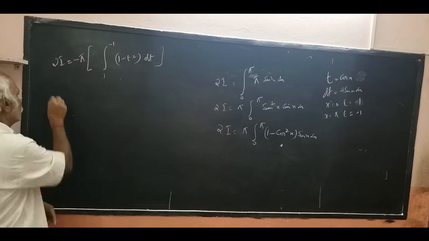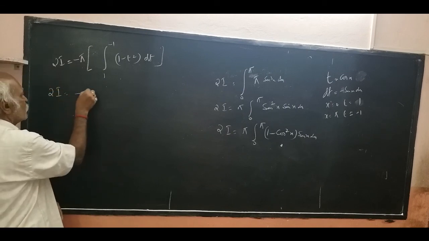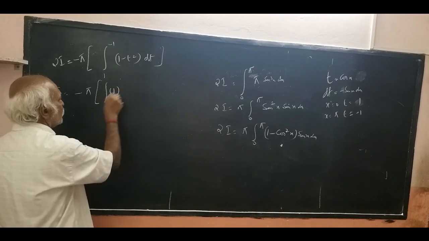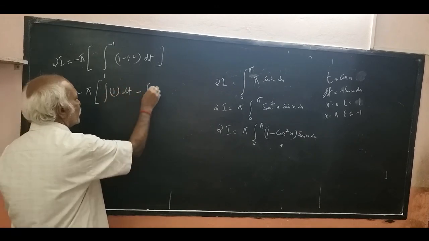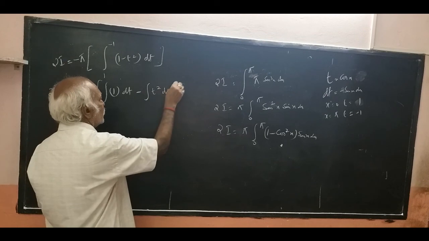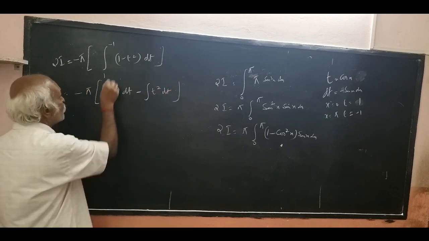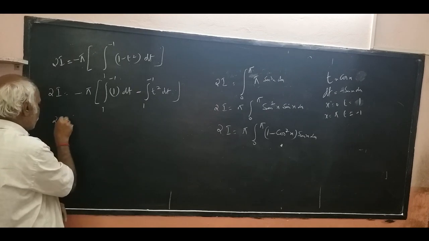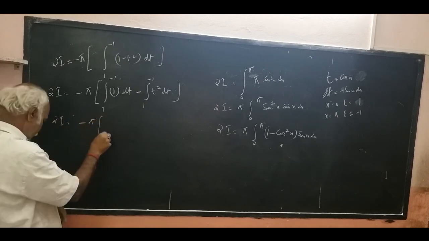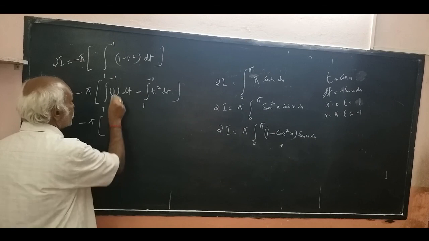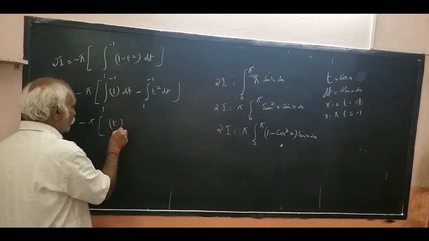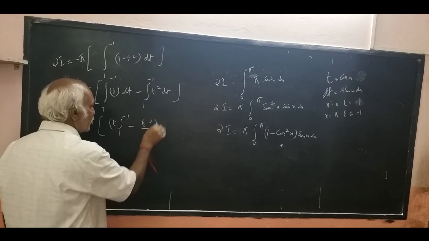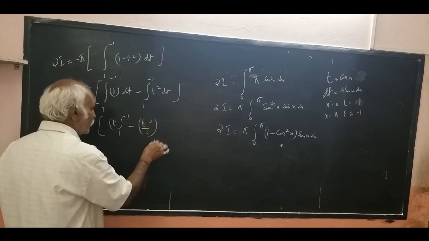The minus sign comes outside. So 2I is equal to minus pi. We have to find the integration of this: integration of 1 dt minus integration of t square dt, with limits 1 to minus 1. So 2I is equal to minus pi, this becomes t from 1 to minus 1, minus t cube by 3 from 1 to minus 1.